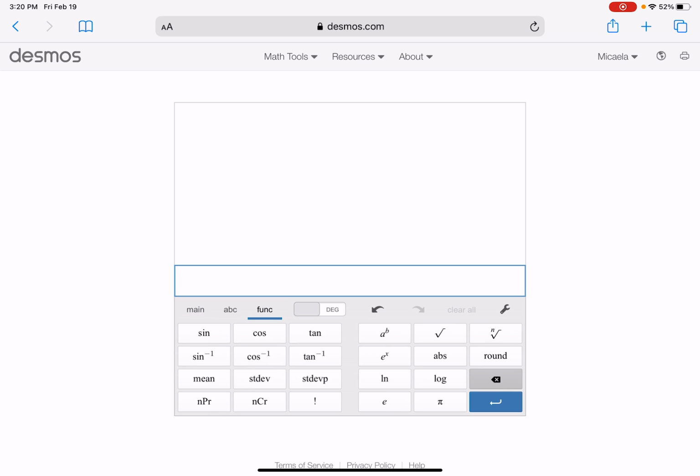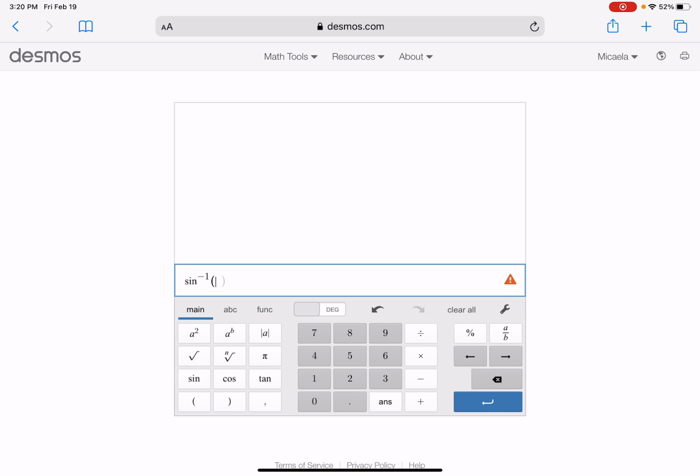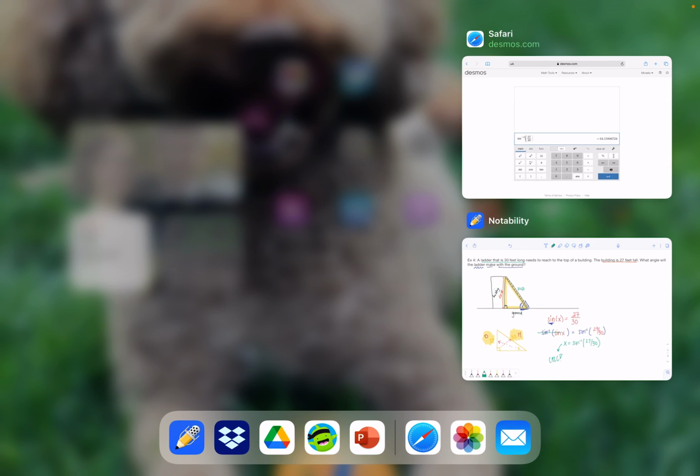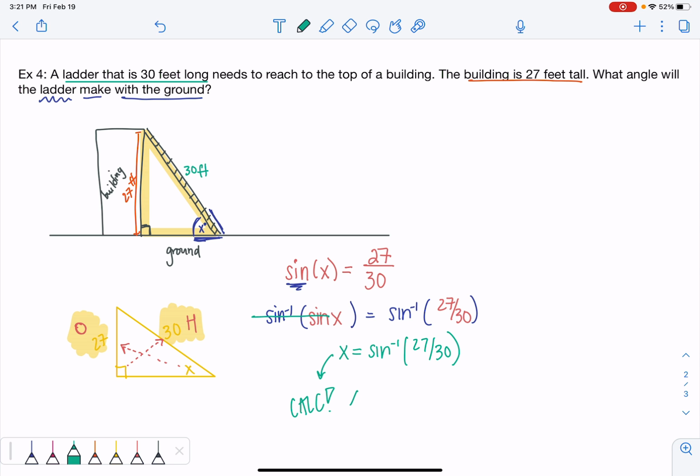We're going to click on the function button, the inverse sine, back to main, and then 27 divided by 30. 64.15. So x equals 64.15. So that is the angle that the ladder makes with the ground.